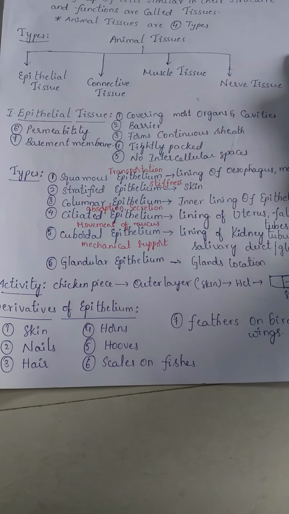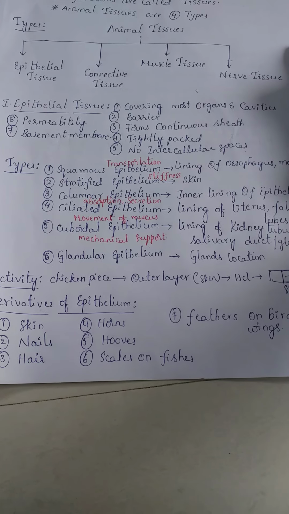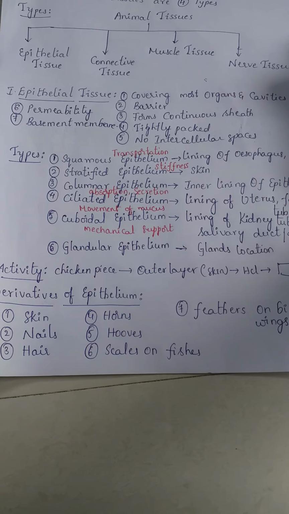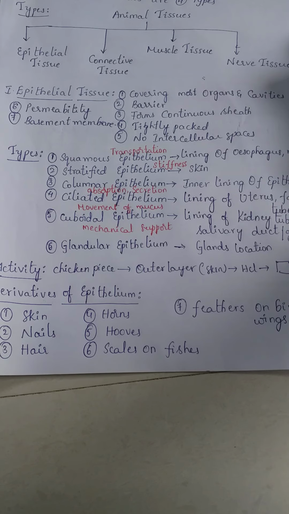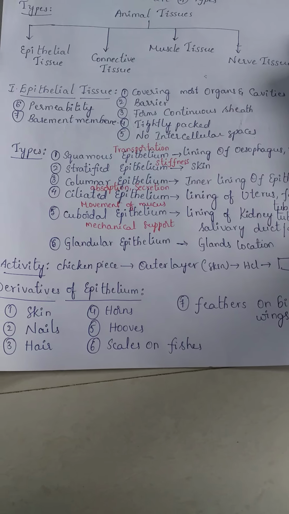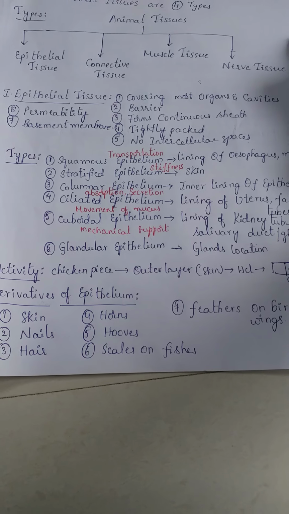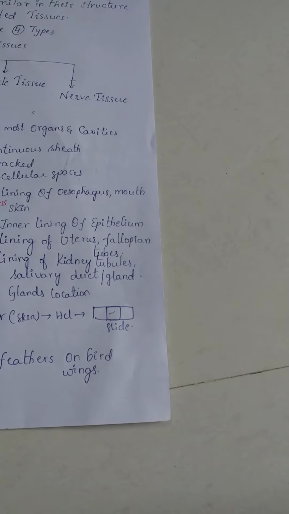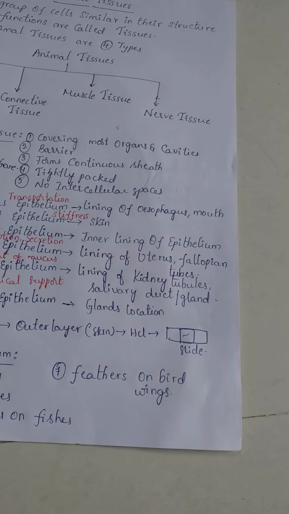And next, if you see the types of epithelial tissues, there are mainly 6 types: squamous epithelium, stratified epithelium, columnar epithelium, ciliated epithelium, cuboidal epithelium and glandular epithelium. Here, squamous epithelium is present in the inner lining of the esophagus and mouth, for example.